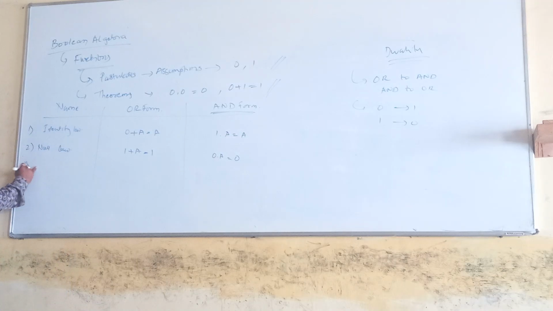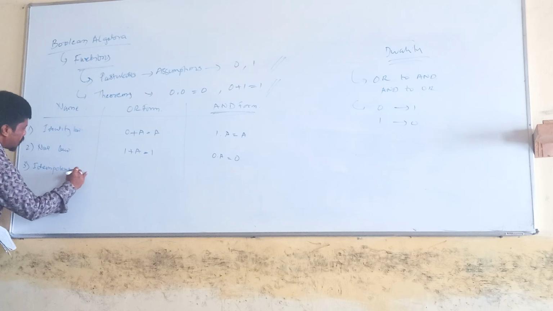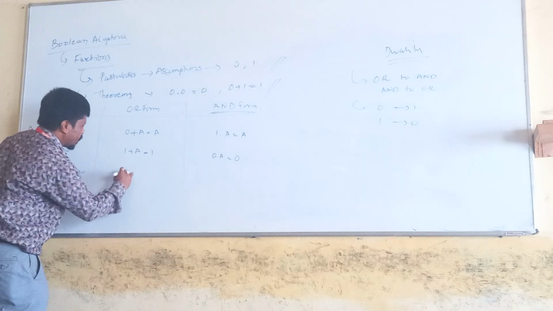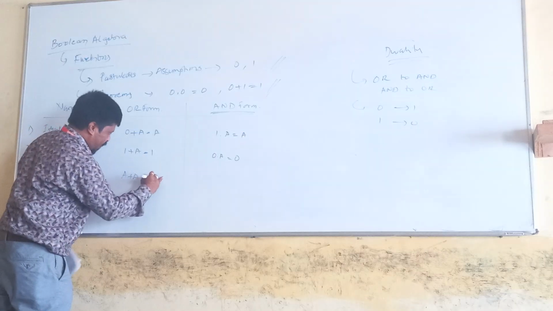Similarly, I will write the idempotent law. This is the third law, the idempotent law. If the function is the same and the variable is the same, then the output is the same only.